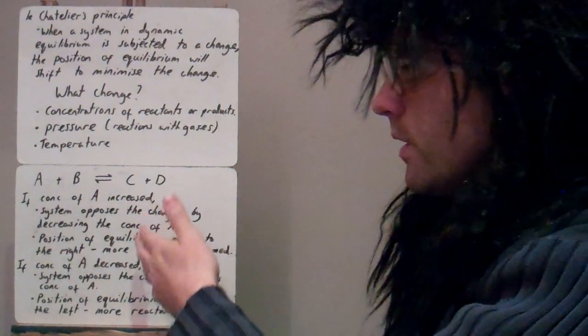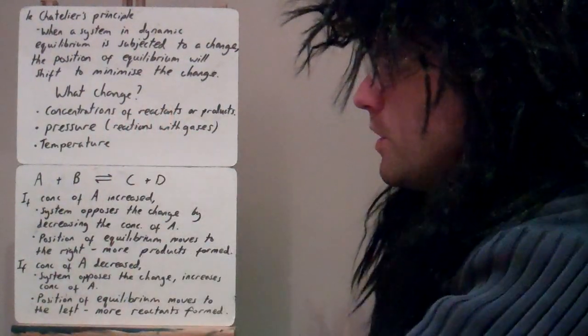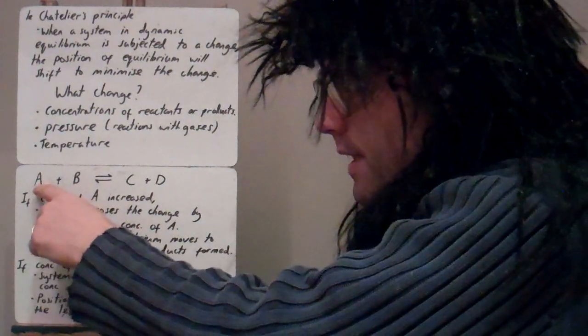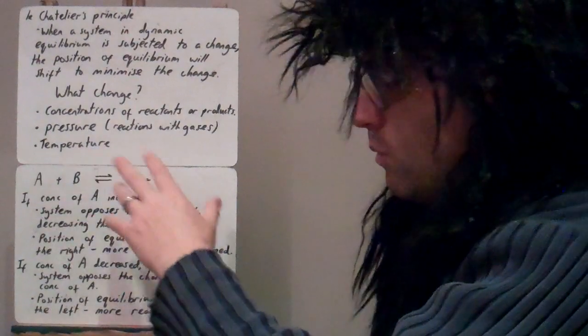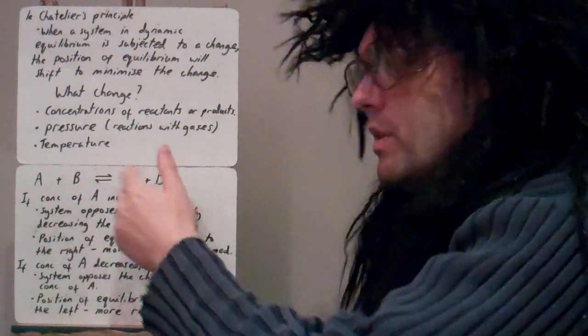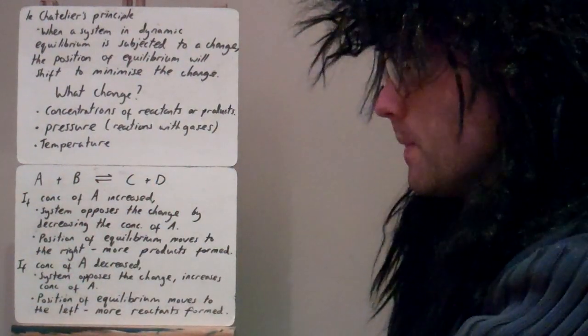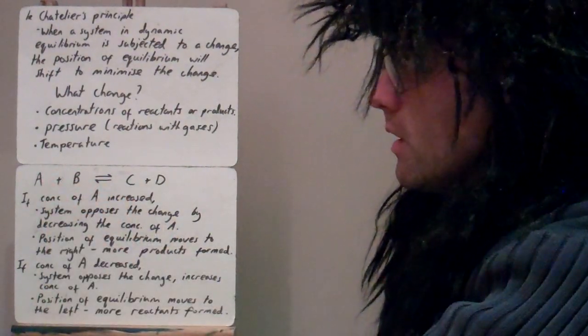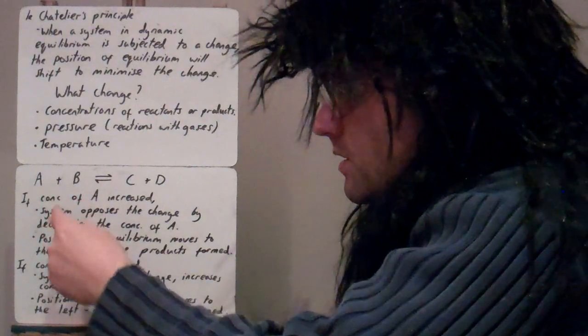Okay, so here we're going to look at the first point, concentrations of reactants and products. So I'm just going to focus on A here, it's a reactant, but what I'm saying here could equally hold true to the other ones as well, like B, C and D. So the concentration of A is increased. Le Chatelier's principle says that the system will oppose this.